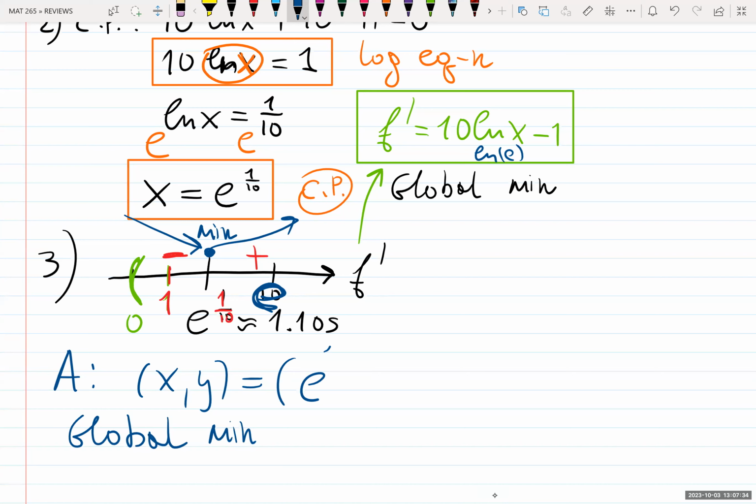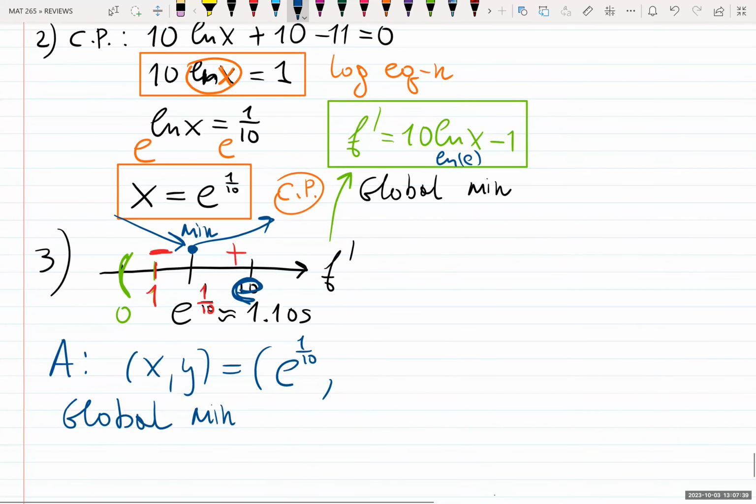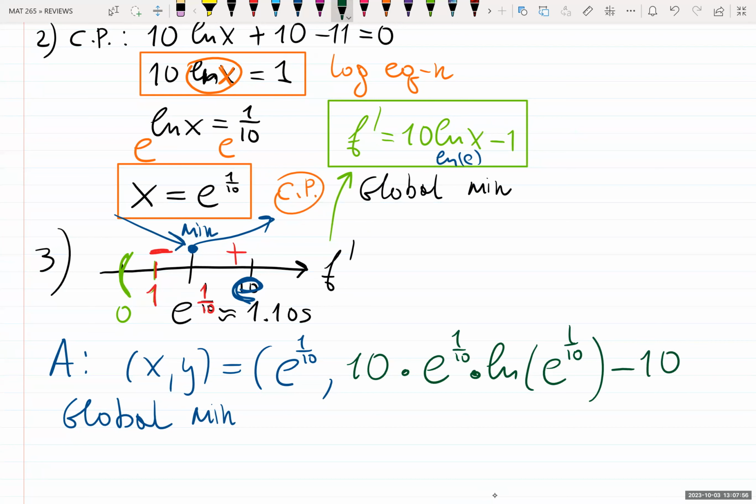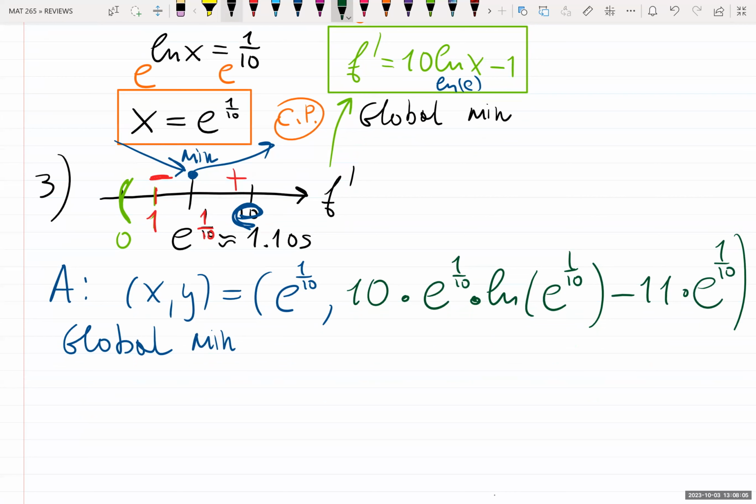Input is e to the 1/10. Output is, you have to plug it into the original function. In the original function, if they ask, 10 times x, e to the 1/10, ln of e to the 1/10. That's 1/10 for you to know. ln is undoing e. Minus 11 e to the 1/10. Like so. Actually, it's not very hard to calculate, to be honest.